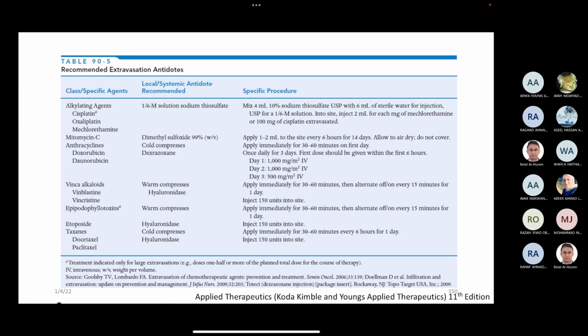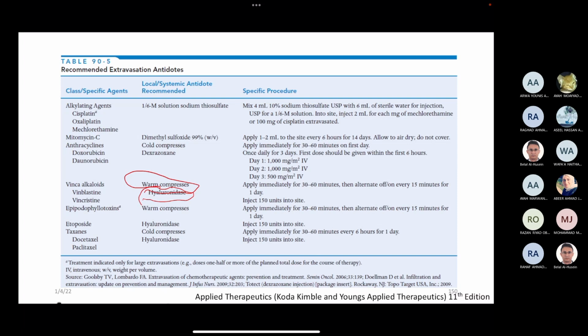So for vinca alkaloids, you have to use warm compresses at the injection site, and inject an enzyme called hyaluronidase. Hyaluronidase is an enzyme that inhibits the destruction of tissues by tissue-damaging enzymes, MMPs.